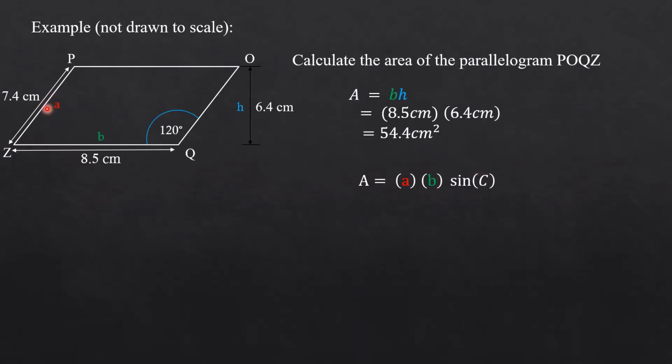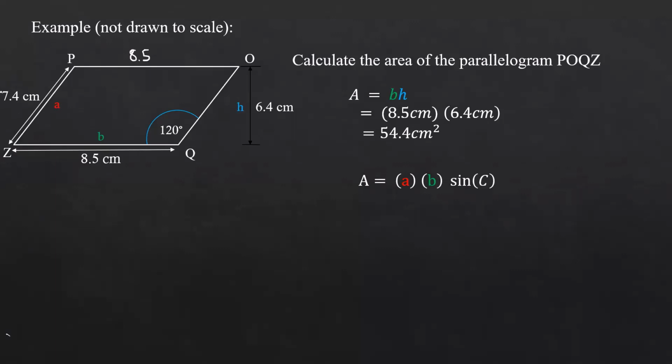Now we have two sides, right? One thing you need to remember about the parallelogram is that, like with your rectangle, parallel sides of a parallelogram are equal. So if this side is 8.5, then this side will also be 8.5.